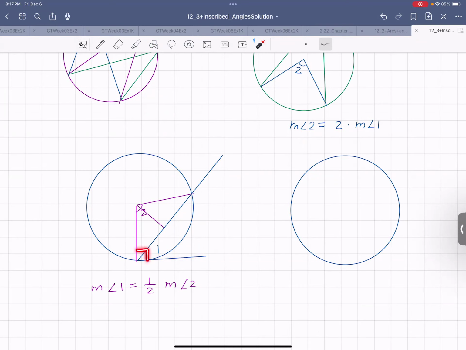So this is 90. So angle 1 plus this equals 90, and this plus this also equals 90. So angle 1 will be half of angle 2. And we know these two triangles are congruent, so these two are equal. That means angle 2 is double of angle 1. Angle 1 is half of angle 2. Okay?